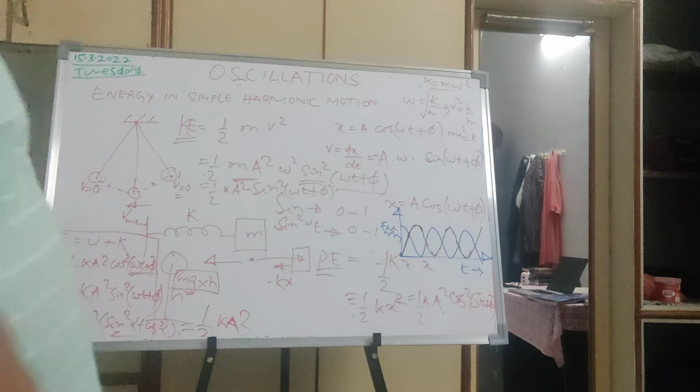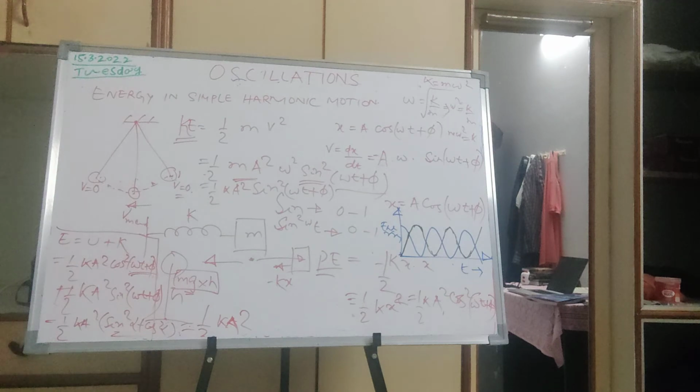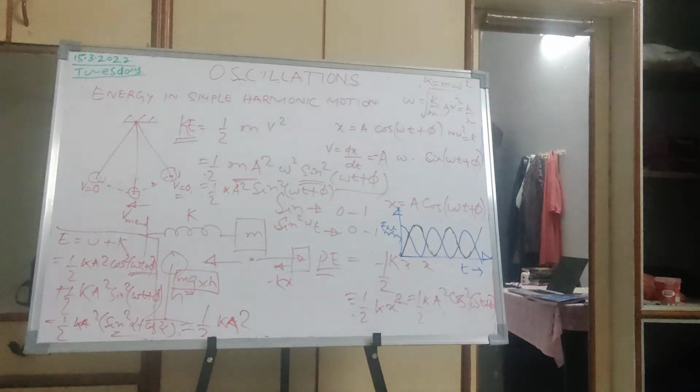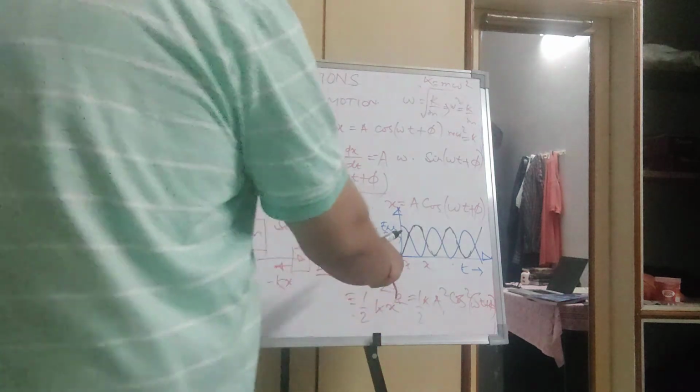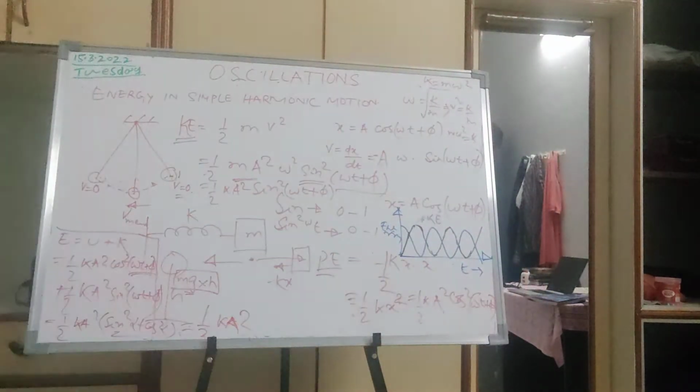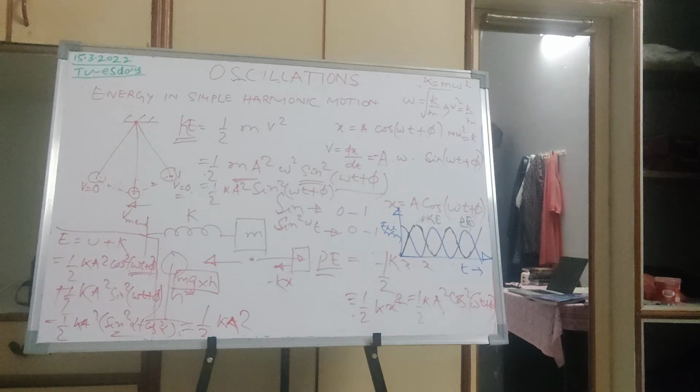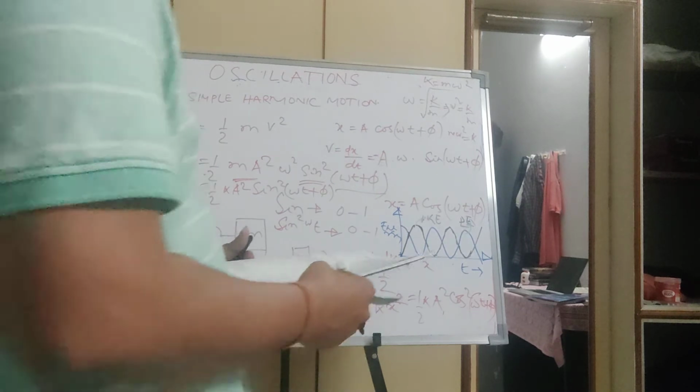You know kinetic energy is a function of sine. At t equal to 0, if the phase angle is 0, the curve starting from 0 is kinetic energy. So this black curve is kinetic energy, whereas this blue curve is potential energy.